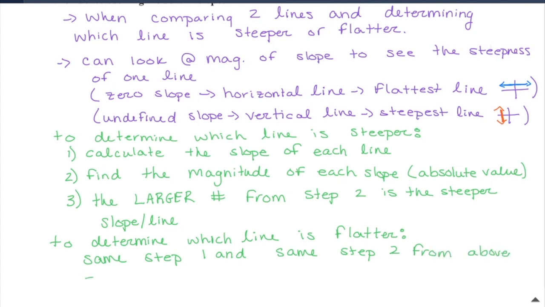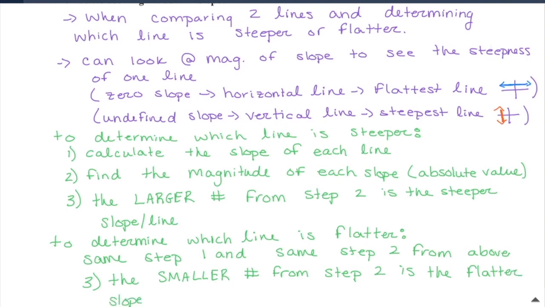But our third step is a little different because I want to look at which line is flatter, so I want to find the smaller number out of my magnitudes. I think this will make more sense when we do an example, but essentially, the steeper the line, the larger the number is going to be. The flatter the line, the smaller the number is going to be. And again, ignoring positive or negative.